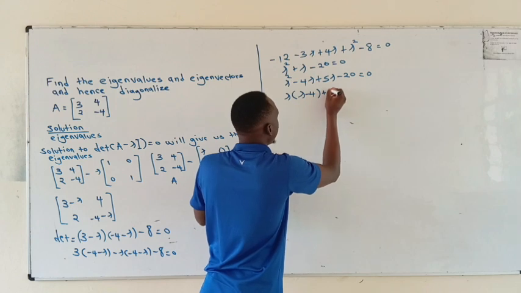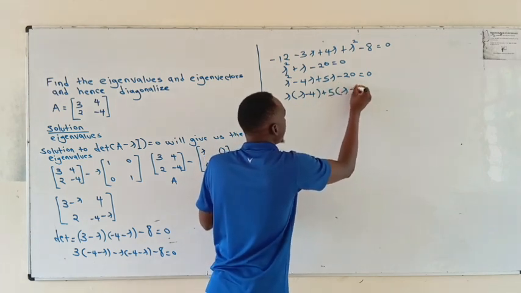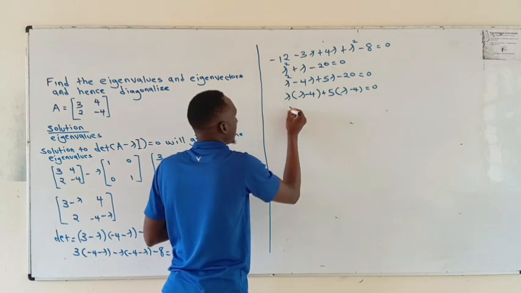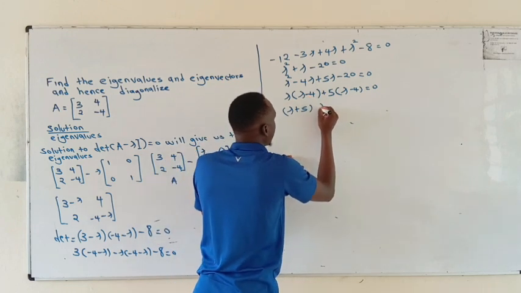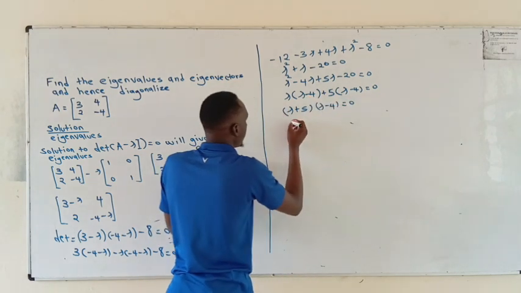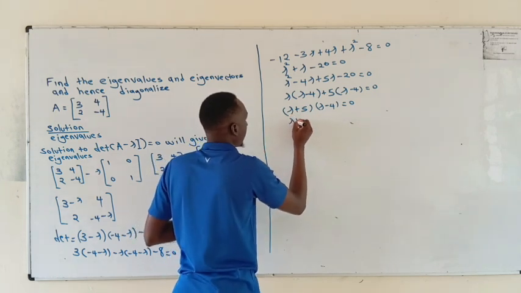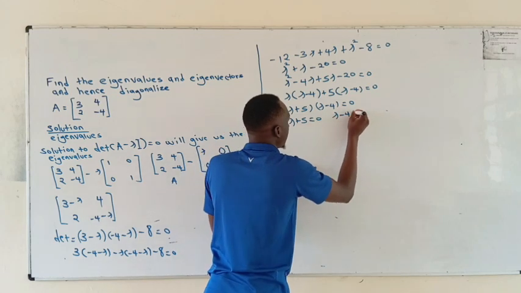We have plus 5 into lambda minus 4, equal to 0. Now we pick lambda plus 5, then we pick lambda minus 4, equal to 0. We realize that lambda plus 5 is equal to 0, and here we have lambda minus 4 is equal to 0.